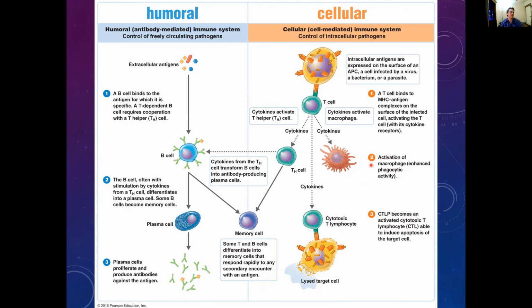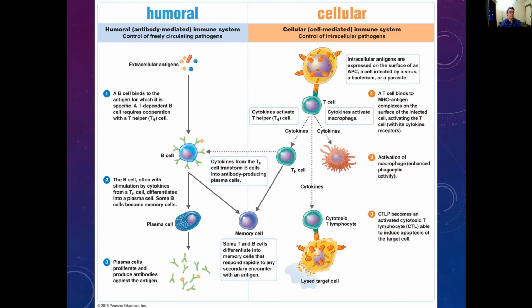Then comes the activation of macrophages, which is essentially just enhancing phagocytic activity. And then the CTLP becomes an activated cytotoxic lymphocyte, able to induce apoptosis of the target cell. This is the T cell side, just a brief overview. Don't freak out too much. We will be going into more detail.